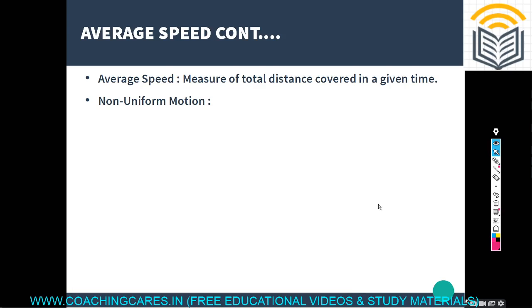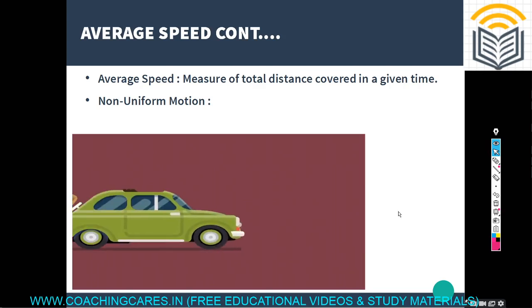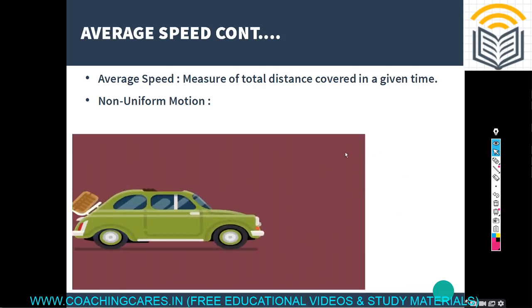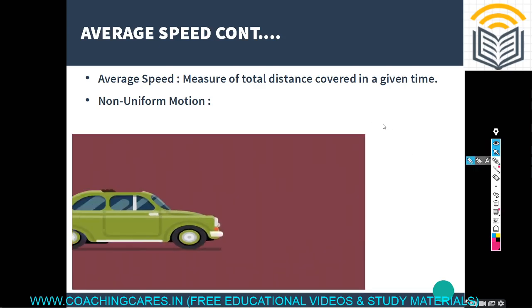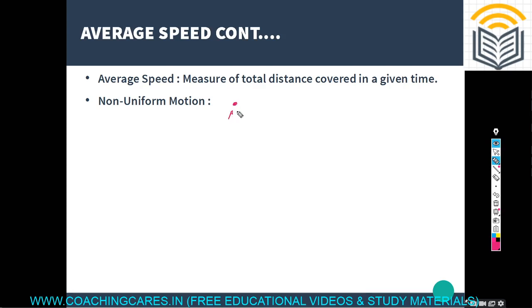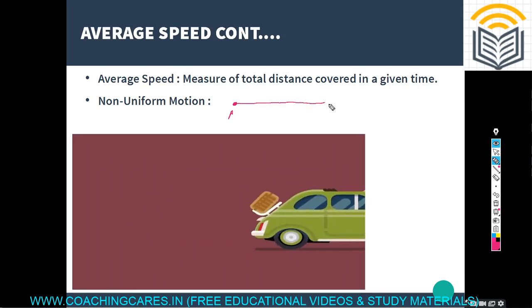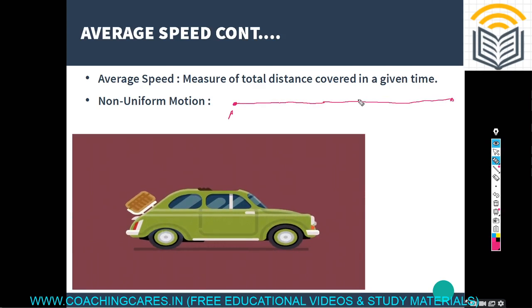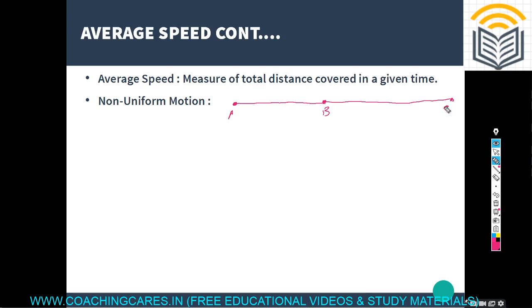It is initially at rest, then the speed keeps increasing. Initially the speed is low, then it increases. Suppose the car starts from position A, reaches position B, and finally position C, the last position.